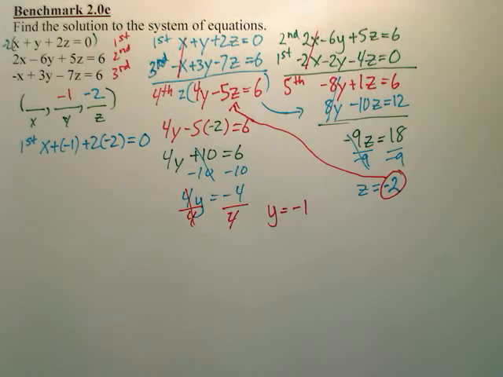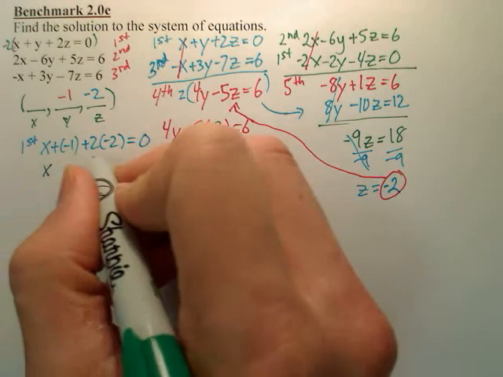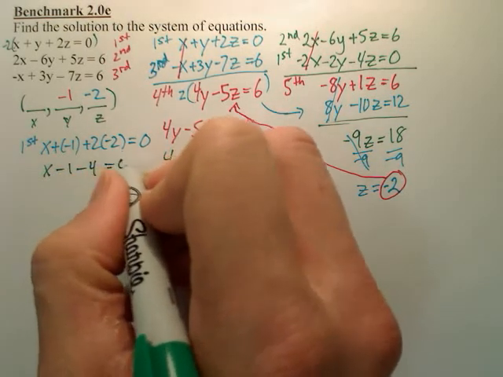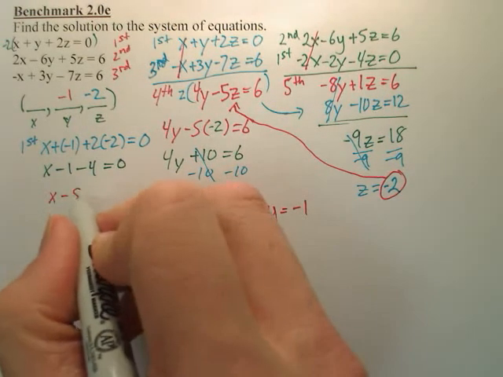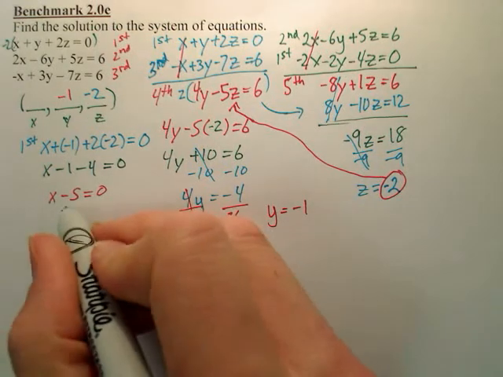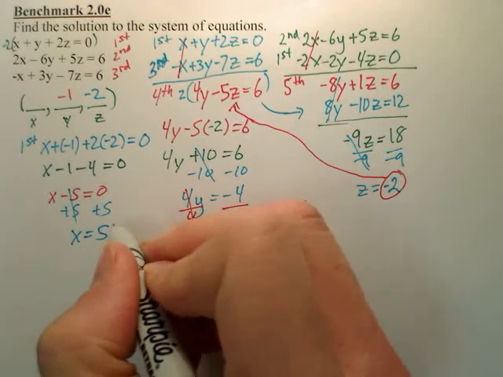That equals 0. So I'm simply going to solve this for x now. And I have my last variable. So x minus 1 minus 4 equals 0. So x minus 5 equals 0. If we add the 5 over, x equals 5.